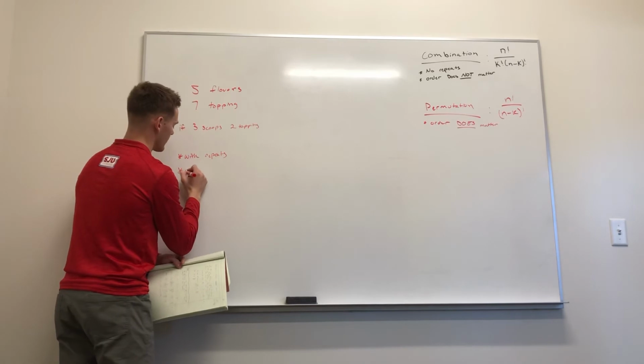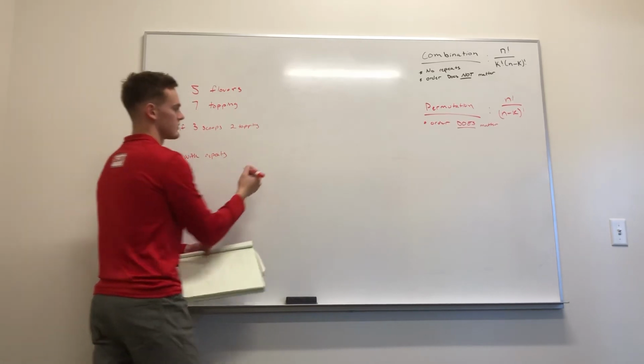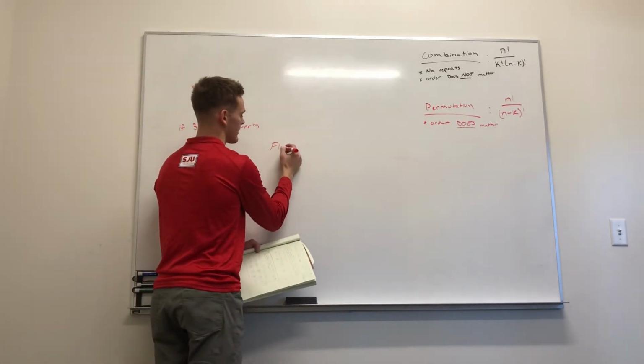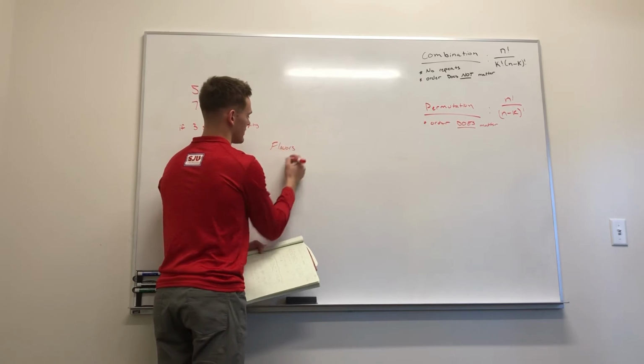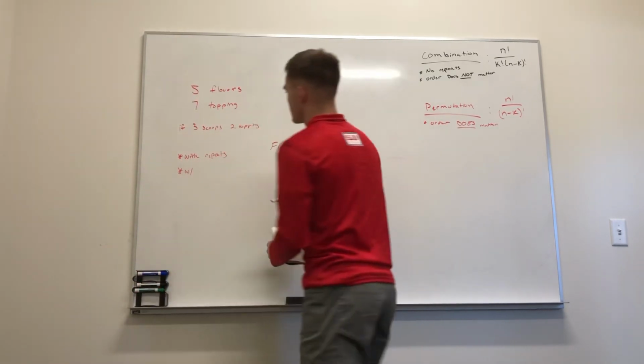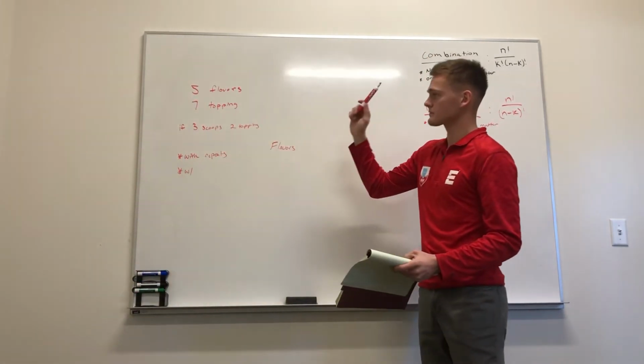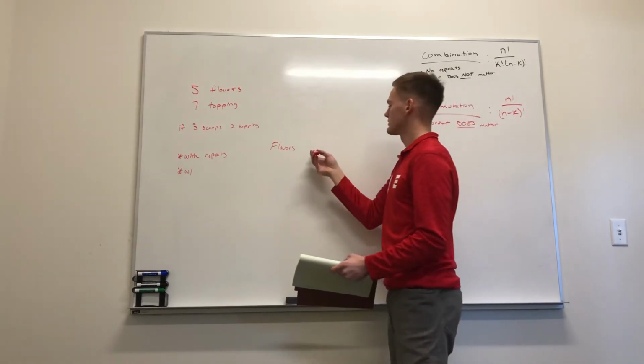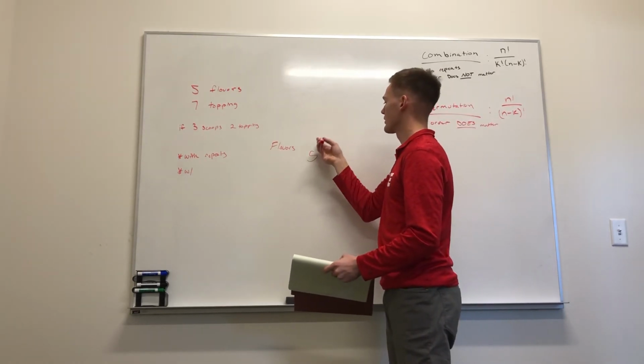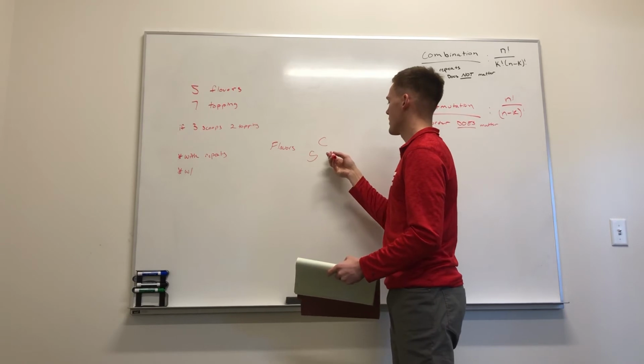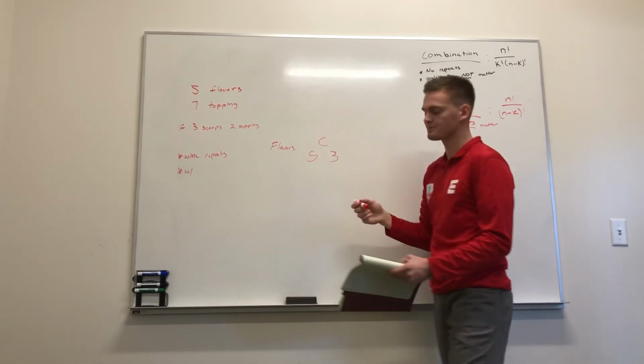Now looking at it without repeats, we need to take into account the number of flavors we have. Since we have 5 flavors, we're going to be choosing three flavors.